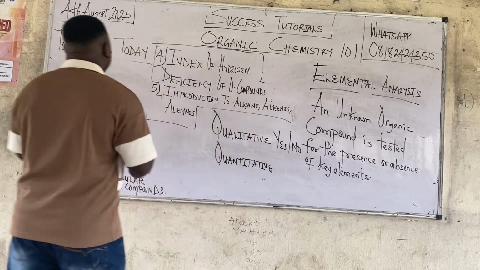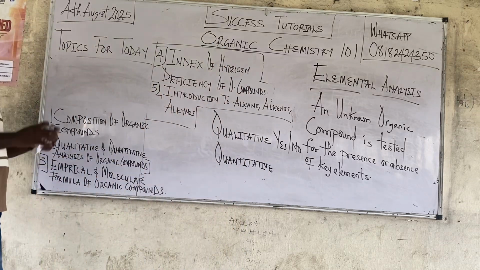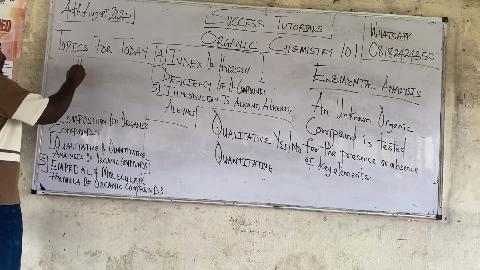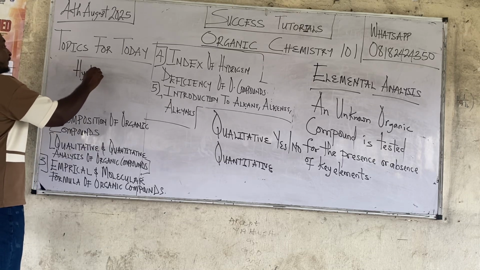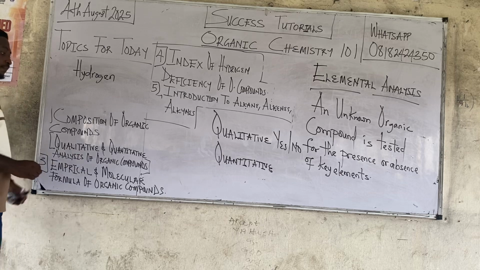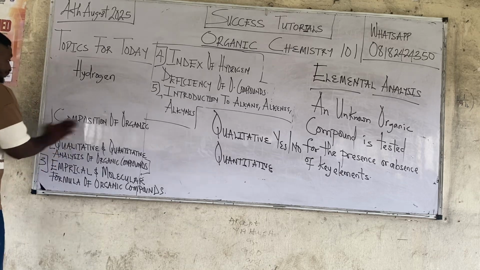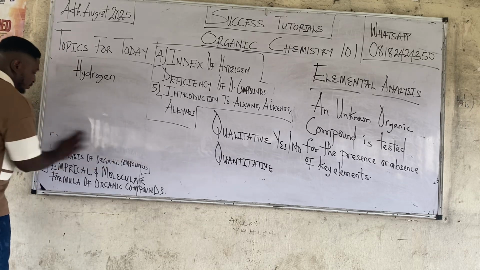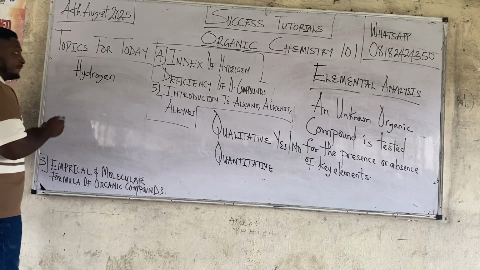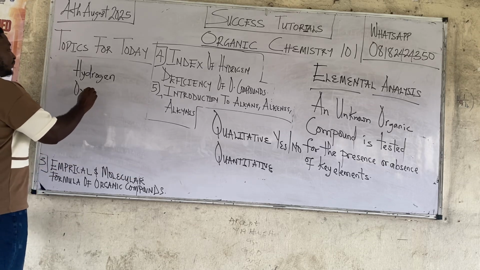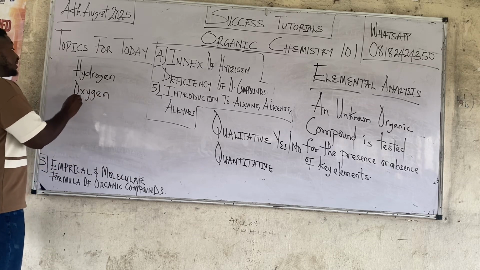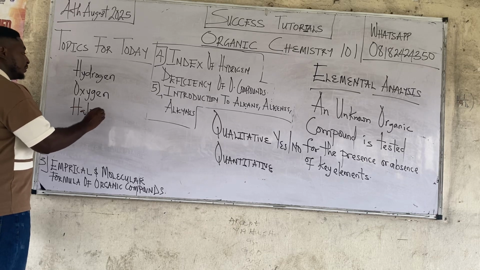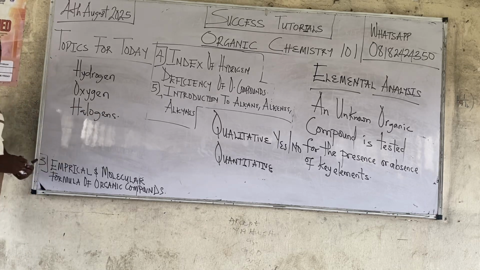The key elements that we'll be looking at, number one, after carbon, the most popular element in organic compounds is hydrogen. So please take note. And after hydrogen, oxygen. Then the halogens are popular with organic compounds. The halogens are the group 7 family of the periodic table.